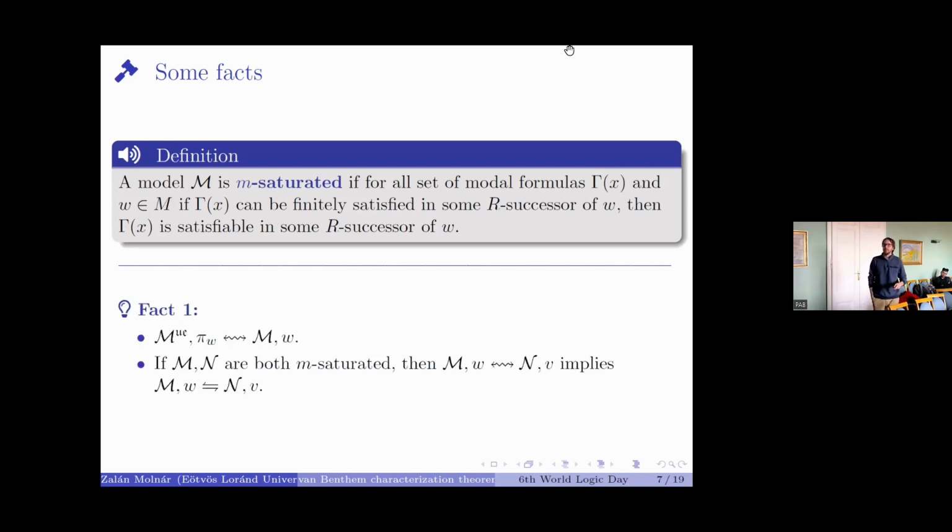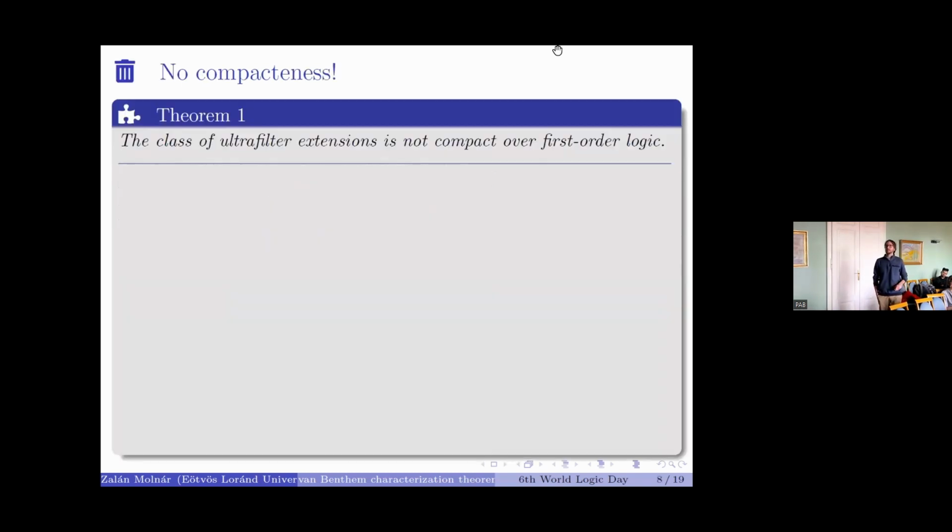And as a matter of fact, similar to the Bosch lemma, here in the modal case, we have that an ultrafilter extension is always modally equivalent to the original structure. And as for the saturation part, the implication from modal equivalence to bisimulation, actually they coincide, because now modal equivalence implies bisimulation. So these are the facts.